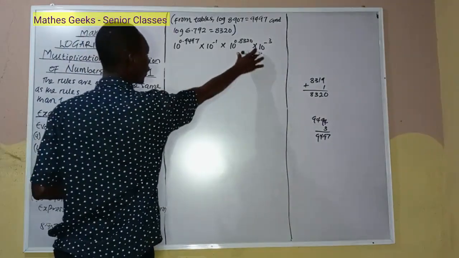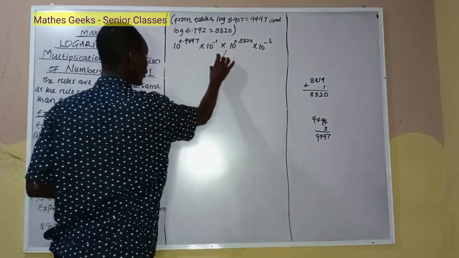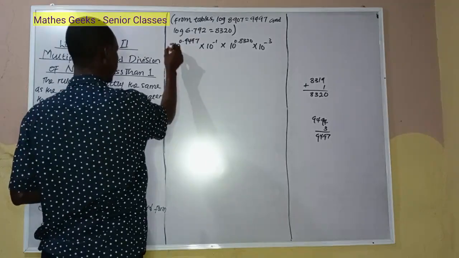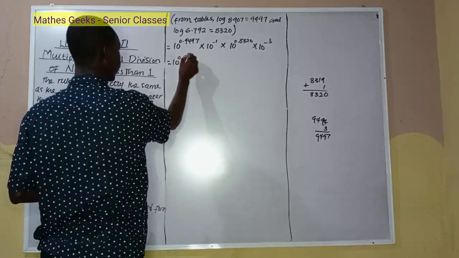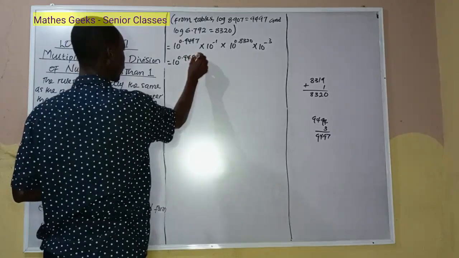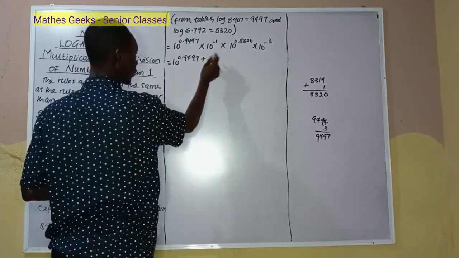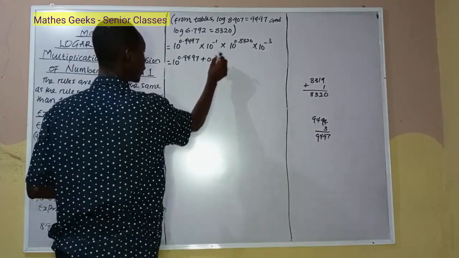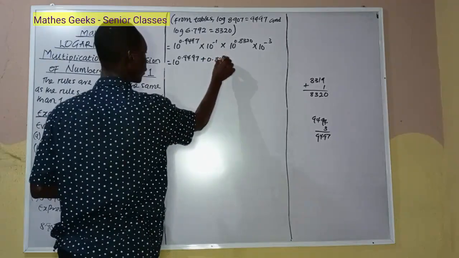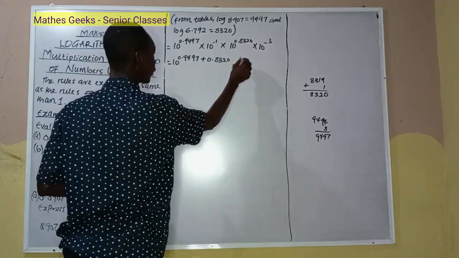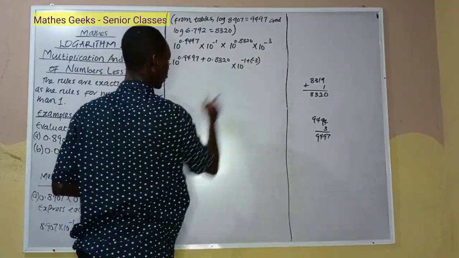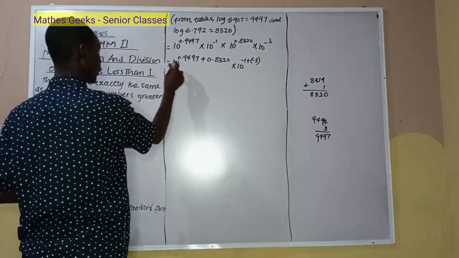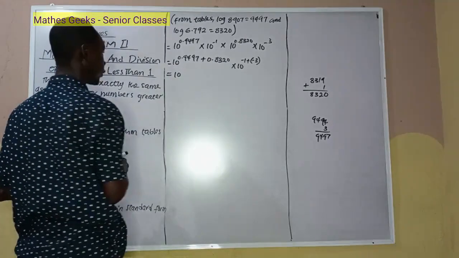From indices, since this is multiplication, we're going to add. So this will give us 10 raised to 0.9497 plus 0.8320 times 10 raised to minus 1 plus minus 3.